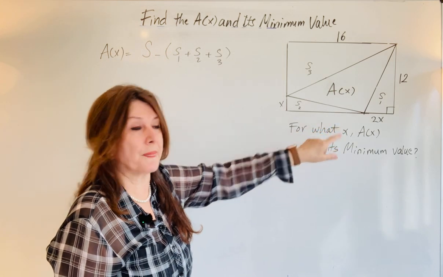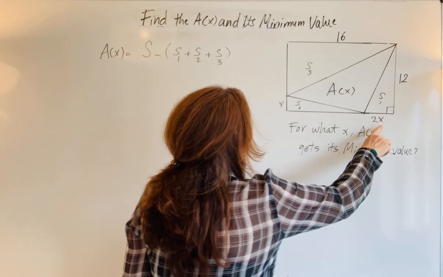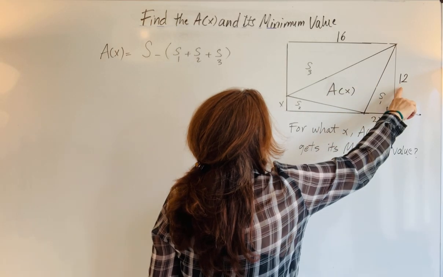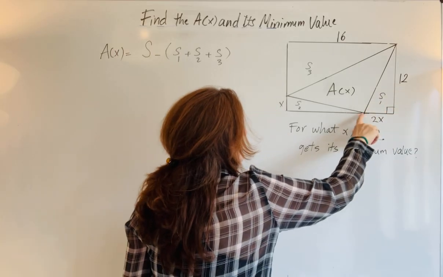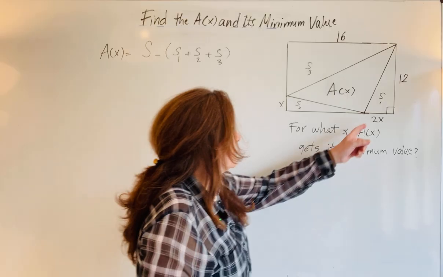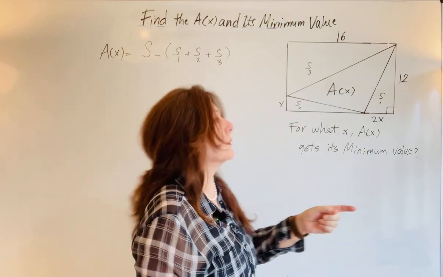I show you. If this one is 2x, and this is a right triangle, this is 2x, this is 12. We know that when we have a right triangle, these are base and height. We say this times this divided by 2.